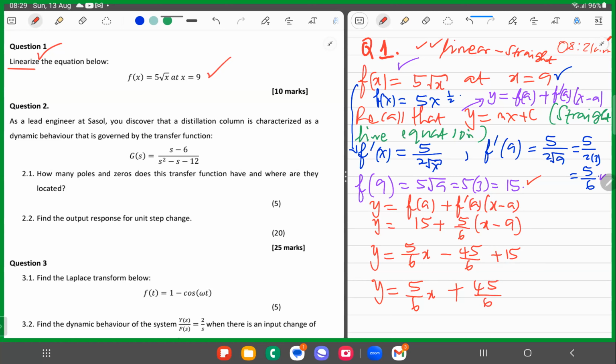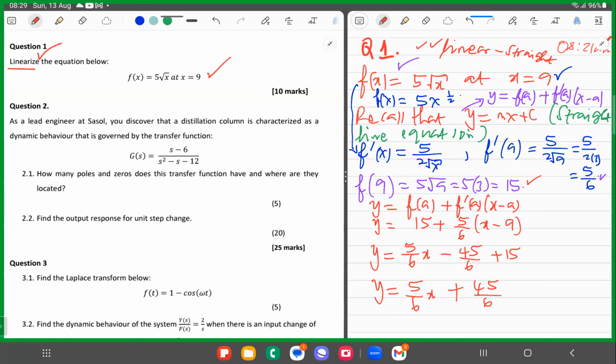It appears that way. So this is exactly the linear equation that is required, and we have actually determined it. And therefore, we're good.